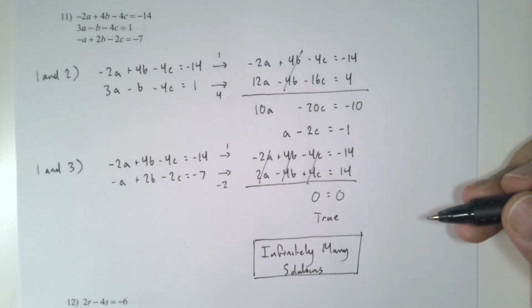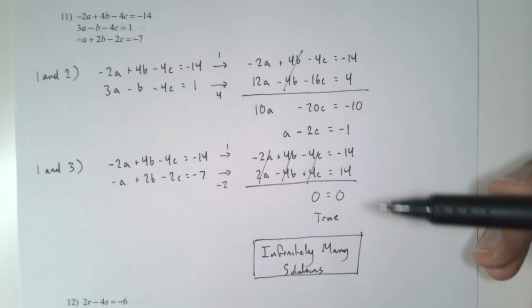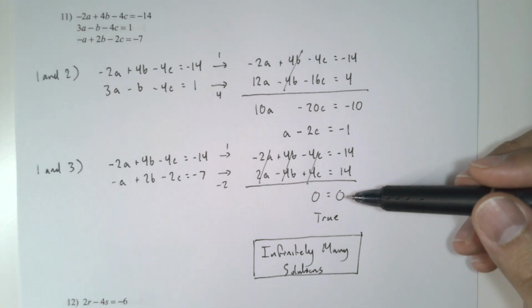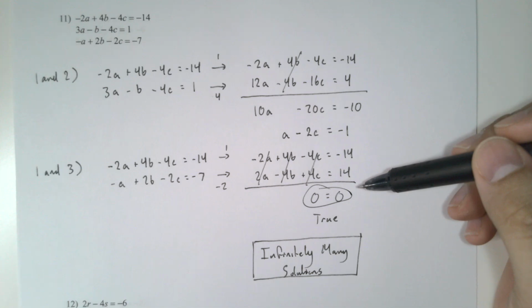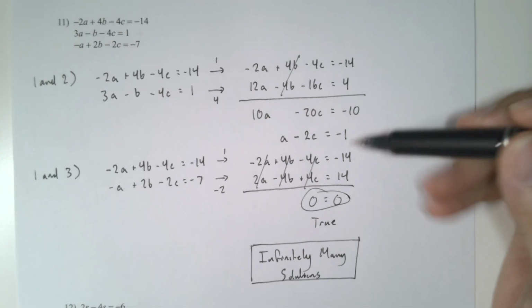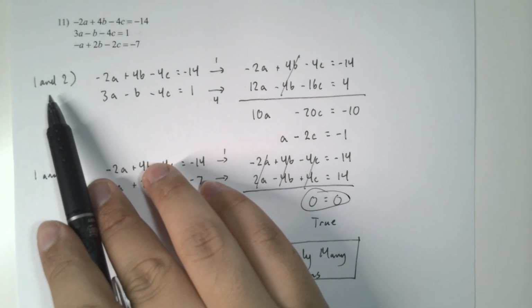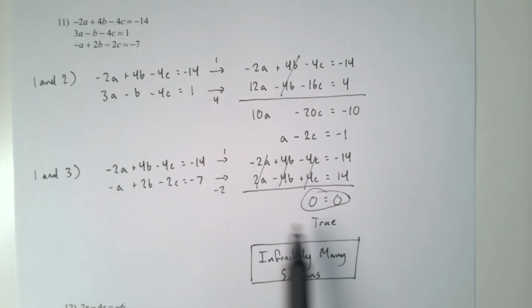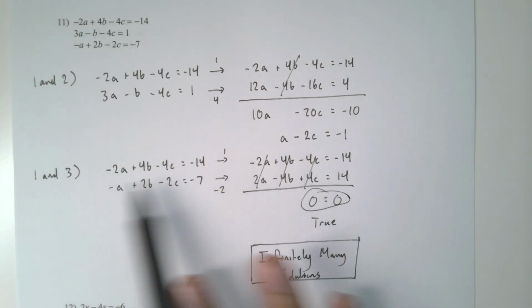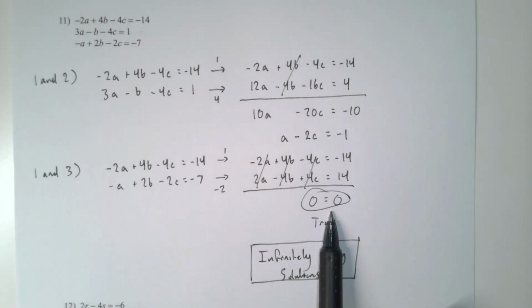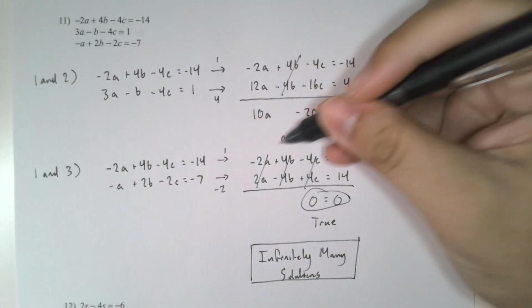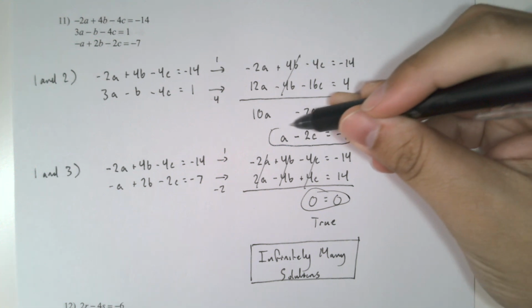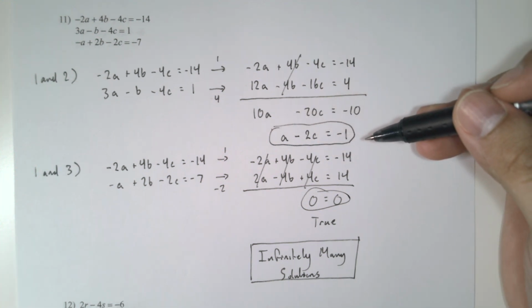Now, a quick note about this. It is entirely possible to get 0 is equal to 0 and this still be no solution. And that really depends on what happened with this other pair of equations. So if you're doing elimination and on your first elimination you get 0 is equal to 0, you can't quite conclude that this is going to be infinitely many solutions. You have to check one more elimination at least to make sure that you still get some other equation that's not 0 is equal to 1 or 0 is equal to another number.